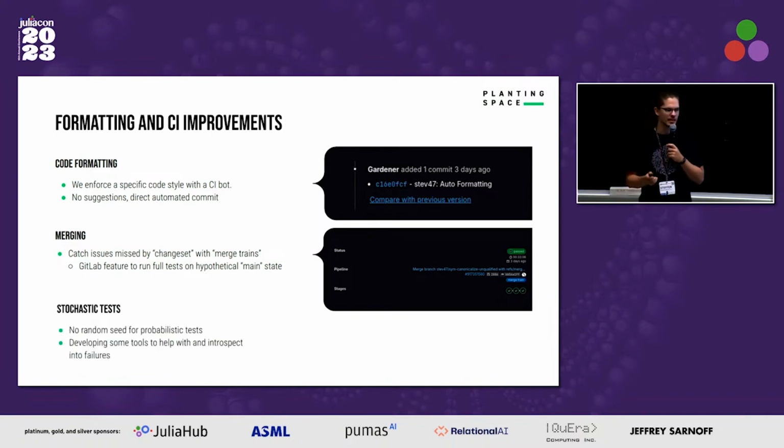And the last one is stochastic testing. We don't want to fix the random seed because that is not quite robust enough for us. It could be that we accidentally fixed the one random seed where it always works, and if we picked 5 other random seeds, it wouldn't work for any of them. So we just don't fix the random seed. Every test run is different, which means sometimes it fails.